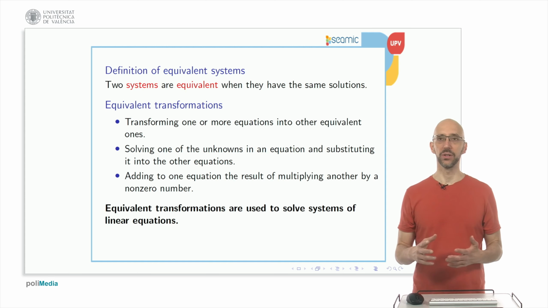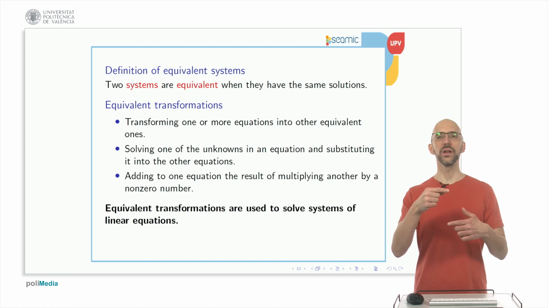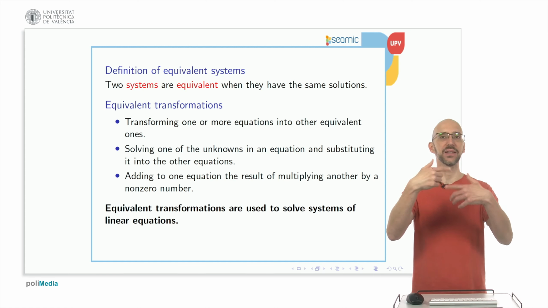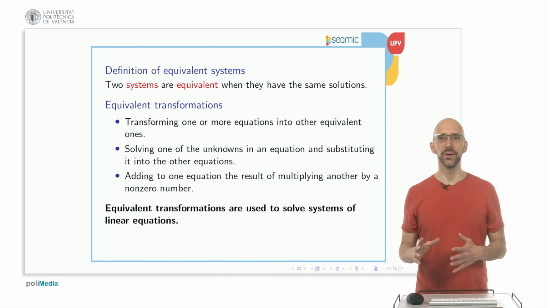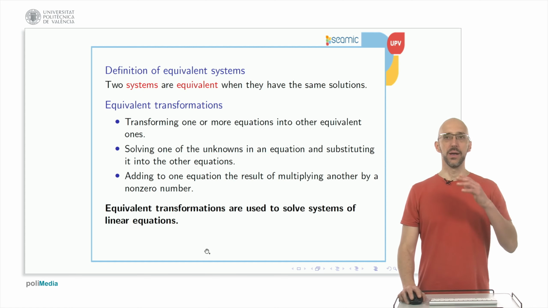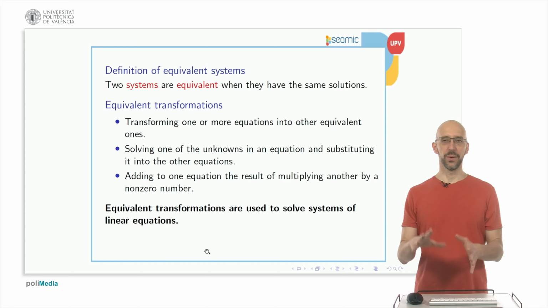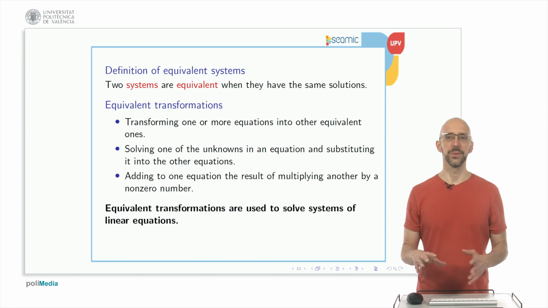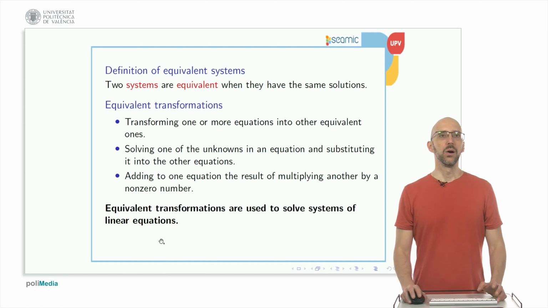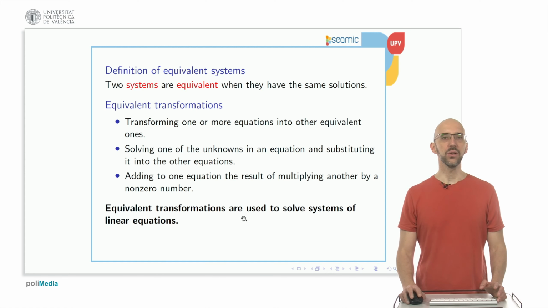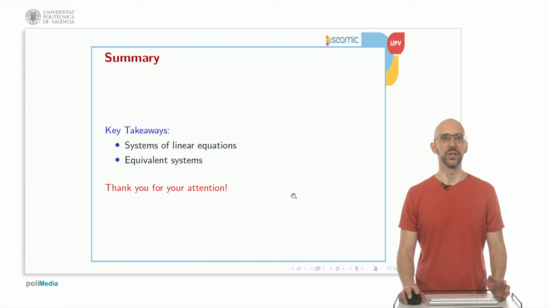And that's very important because I can add to one equation another one in order to simplify the system of equations. We will see this method with much more care and with examples because it's very important. So these transformations are used to solve systems of linear equations.